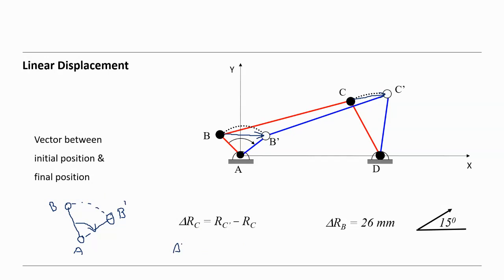Let's say this delta R B is equal to vector R B prime minus vector B. And delta R B can be given as a magnitude, and the angle also, I mean the position, can be given in that way.